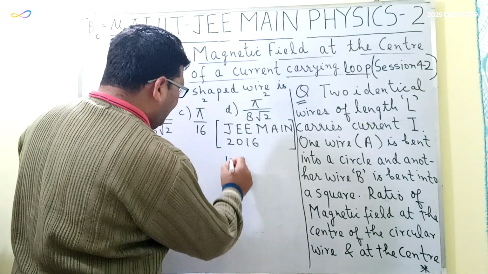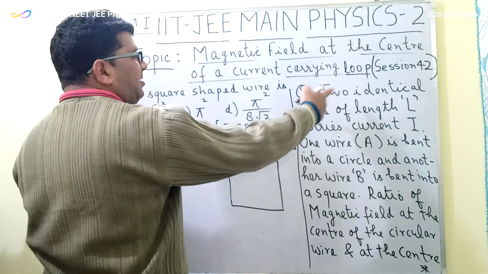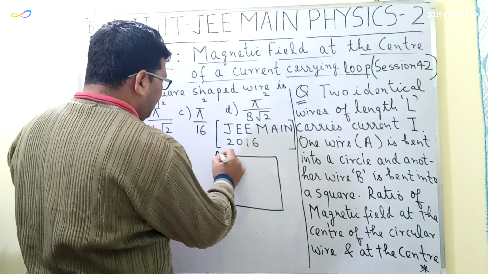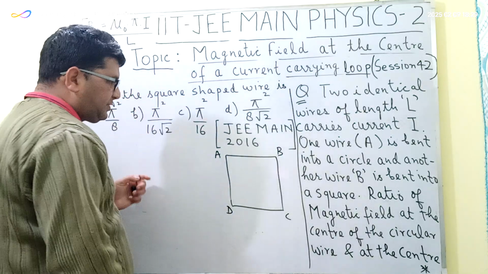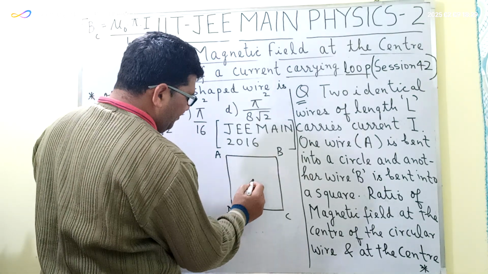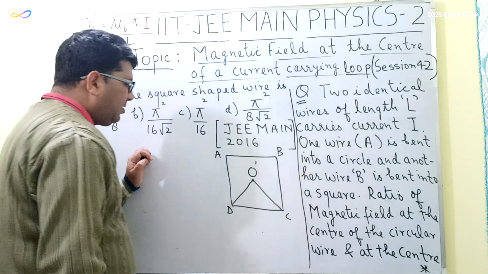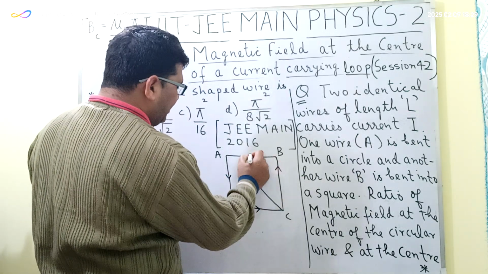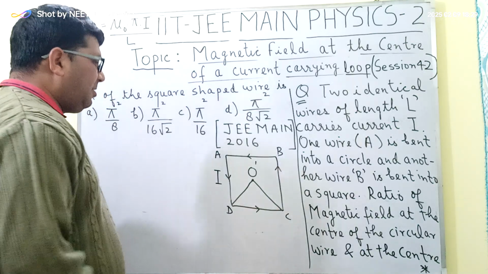So this is a square, say, which is formed by bending another identical wire of length L. Let us say A, B, C and D are the four corners of this square, and let us say the center of this square is O dash. Let us consider the current to be flowing in this direction as indicated by these arrows, and the magnitude of the current is given as I.